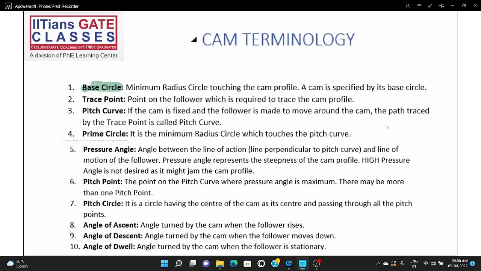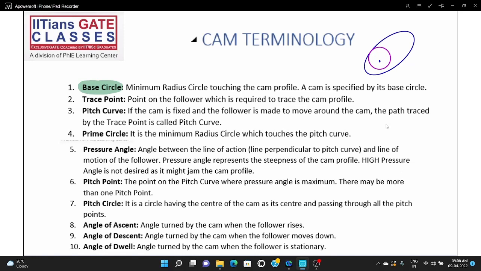The first is the base circle, right? It is the minimum radius circle touching the cam profile. So which is the cam profile? This is the cam profile, right? It is hinged somewhere here. So the base circle is the minimum radius circle which is touching the cam profile, something like this.